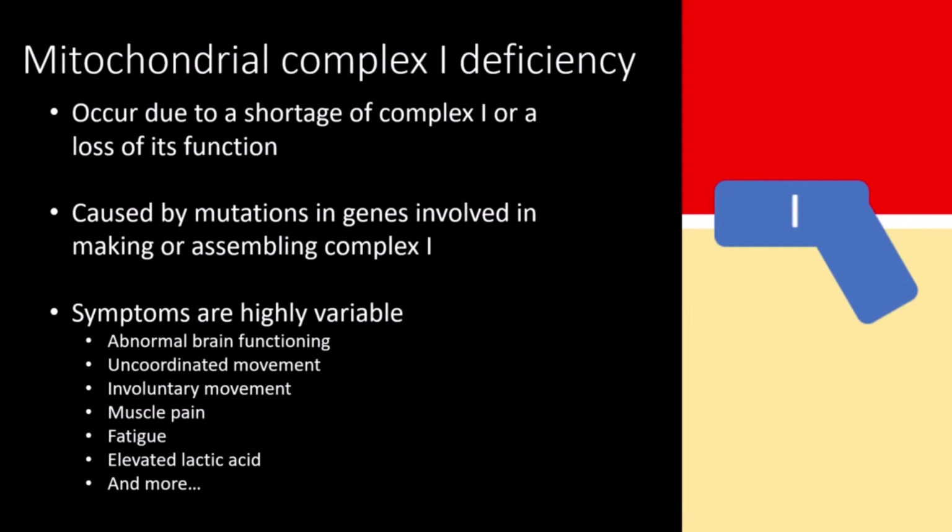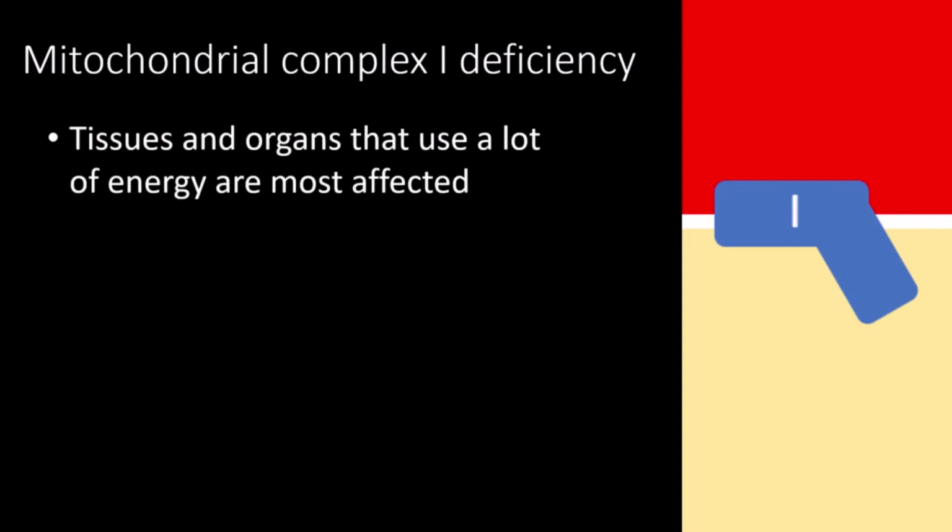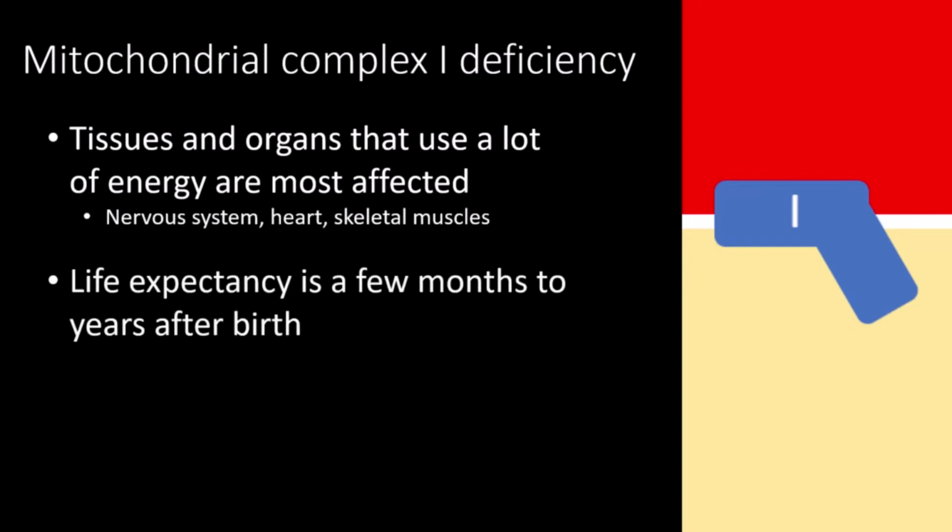They range from abnormal brain functioning to uncoordinated movement, muscle pain, fatigue, and many more. Now, tissues and organs that use a lot of energy are the most affected, which makes sense. These include the nervous system, the heart, skeletal muscles, and unfortunately, the life expectancy for people with this disease is a few months to a few years after birth.